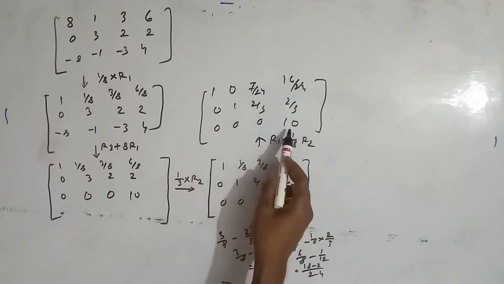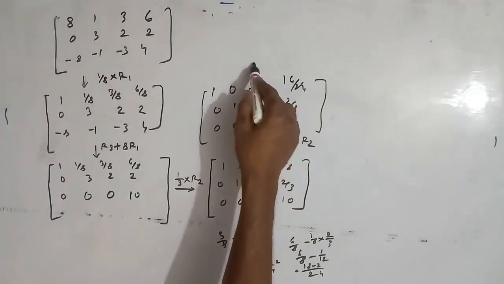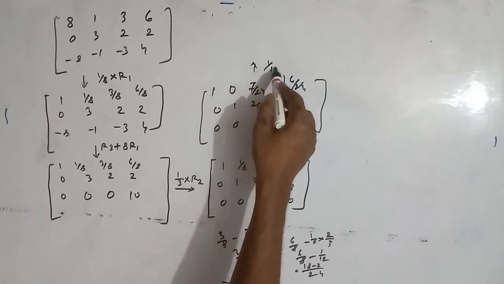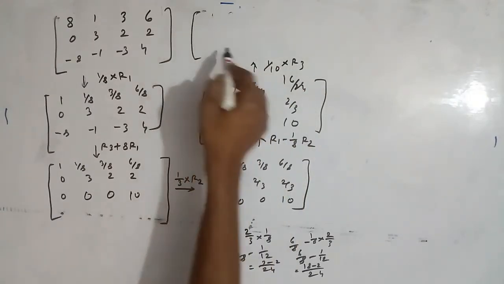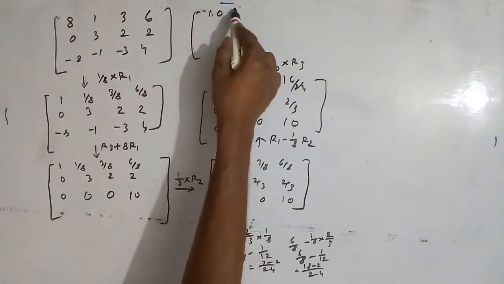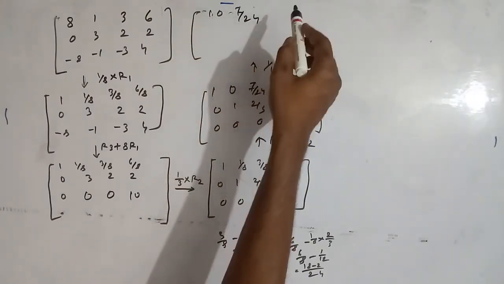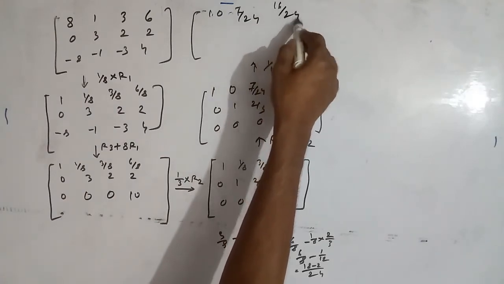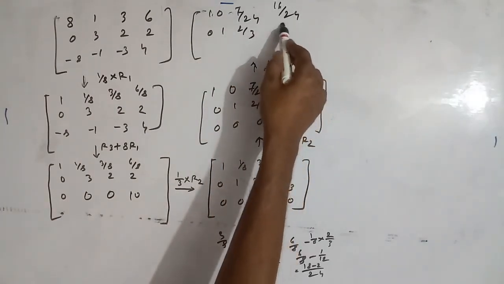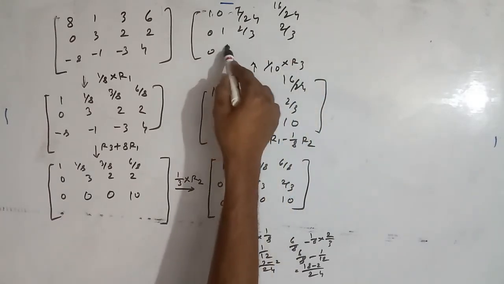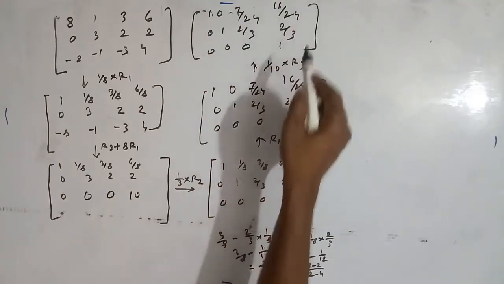So leading element of third row is 10. So you have to make it 1, and for that we are multiplying by 1 by 10 into R3. So it will be 1, 0, 7 by 24, 16 by 24, 0, 1, 2 by 3, 2 by 3, 0, 0, 0, it is 1. Okay.